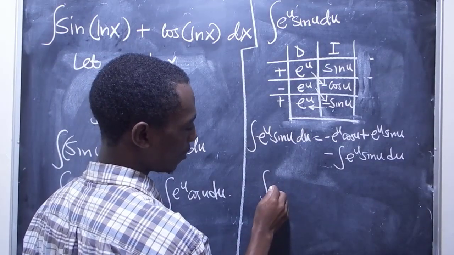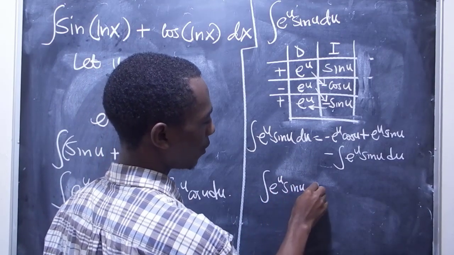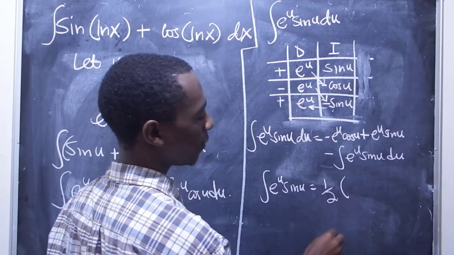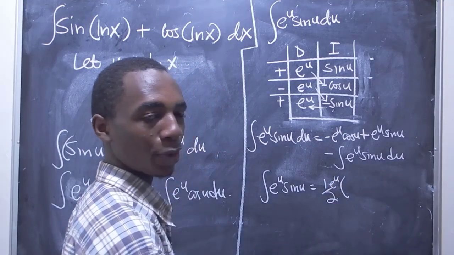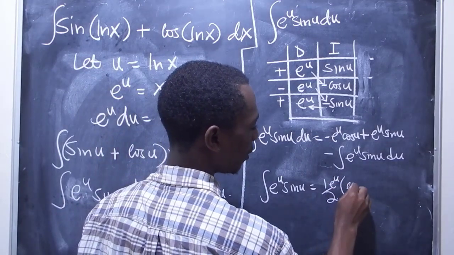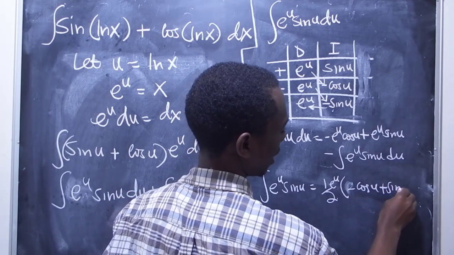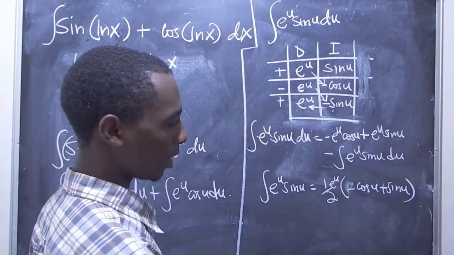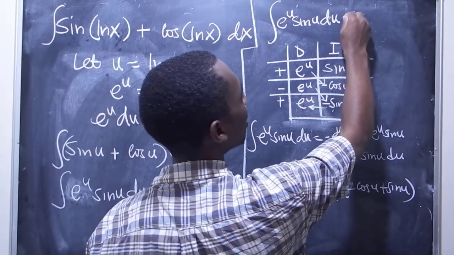So finally, I've just concluded that the integral of e to the u sine u is actually going to be a half. I should just pull e to the u out, so I'll have a half e to the u, that's going to be negative cosine u plus sine u. Plus a constant, of course, I'll just put that at the end. So let me write that answer here.